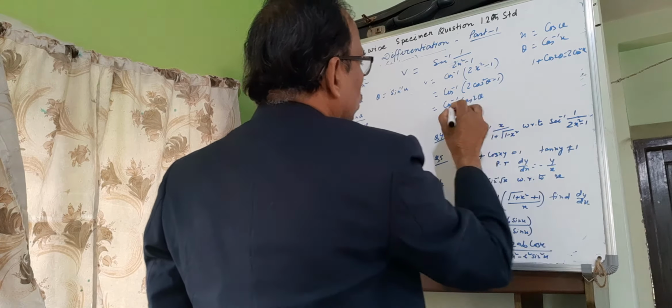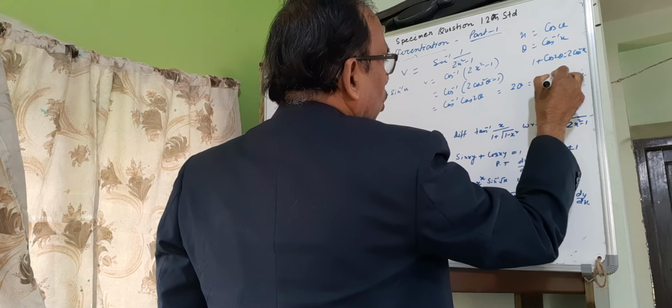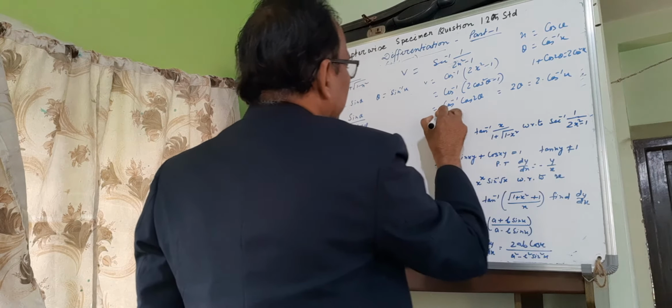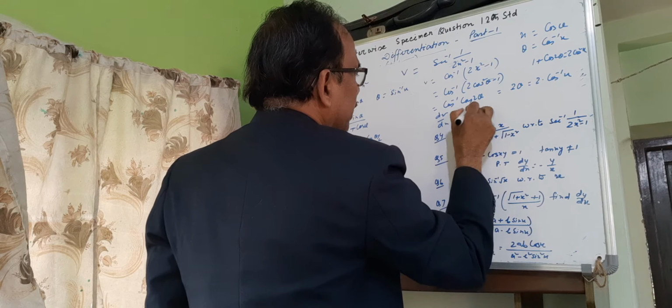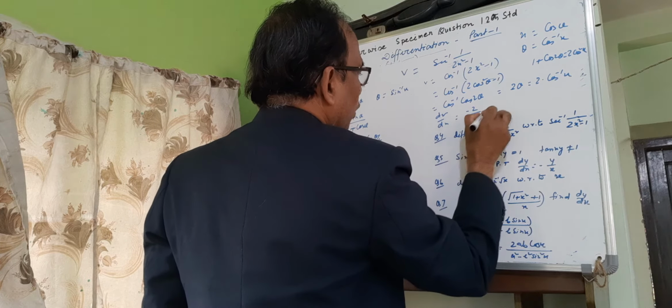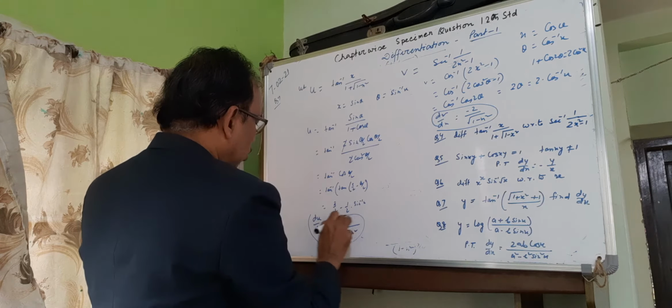So that is cos 2 theta, that is 2 theta, 2 theta value is 2 cos inverse x. Then dv by dx equals minus 2 by root over 1 minus x square. That is dv by dx, and this is du by dx.